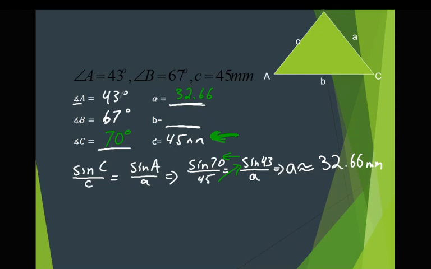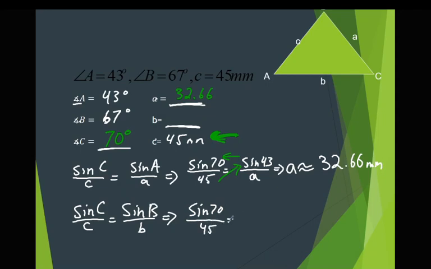And see, I have this ratio of A now, but when I go to find B, I'm going to start with, again, what I started with. Sine C over C. And this time, this is going to be exactly the same except B. Then plug in what I know. So sine of 70 over 45 equals the sine of 67 over B. So we solve for B, and again, it's going to be this times that divided by that.